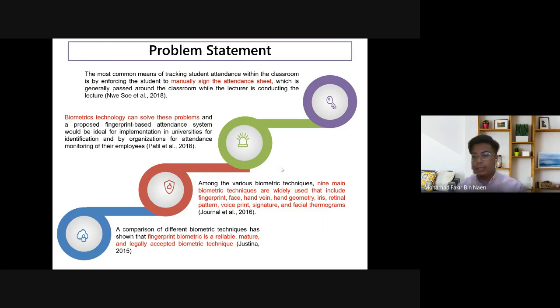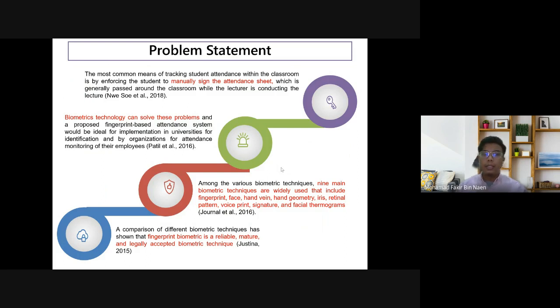Another issue is teacher may lose the attendance sheet. Thus, biometric technology can solve this problem, and a proper fingerprint-based attendance system would be ideal for implementation in university for identification and by organization for attendance monitoring of their employees.